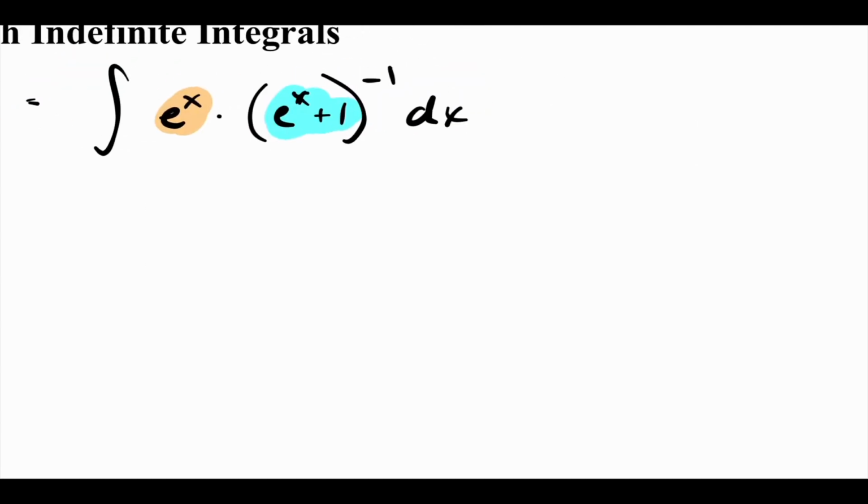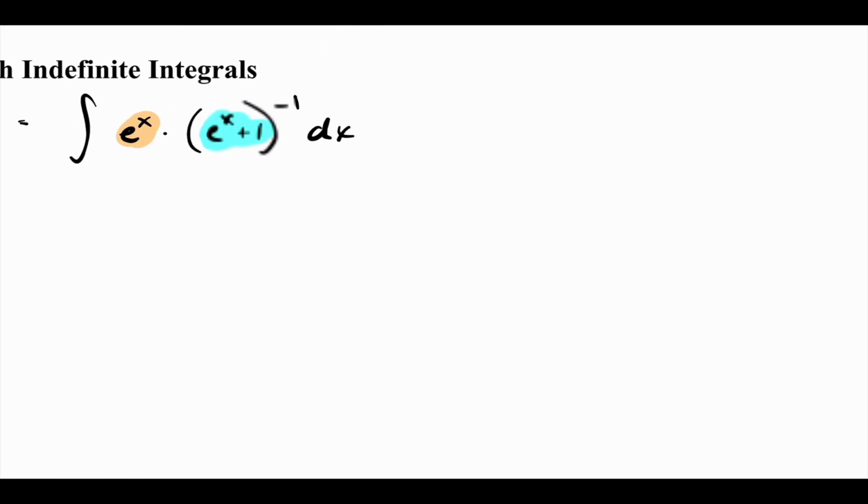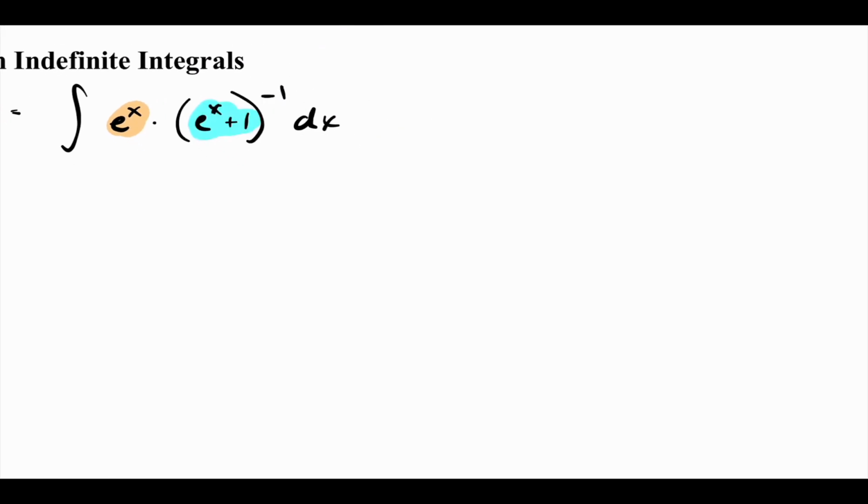Okay. So again, which one is it? I honestly don't know. So let's try the e to the x. Let's try just the regular e to the x. That's going to be our u. See if that works.